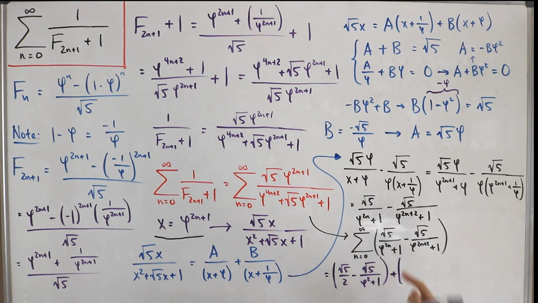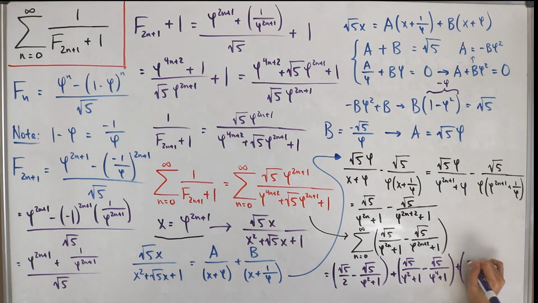Add this, and now do the n equals 1 term: square root of 5 divided by phi squared plus 1, then subtract square root of 5 divided by phi to the 4th plus 1. Then for n equals 2: phi to the 4th plus 1, subtract the square root of 5 divided by phi to the 6th plus 1, and the list just keeps going on.